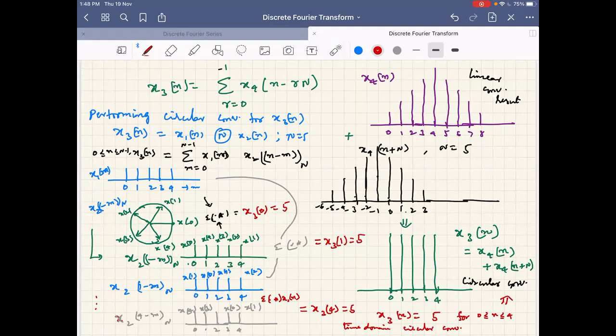So as you can see here, this is obtained through circular convolution using linear convolution and time domain aliasing.